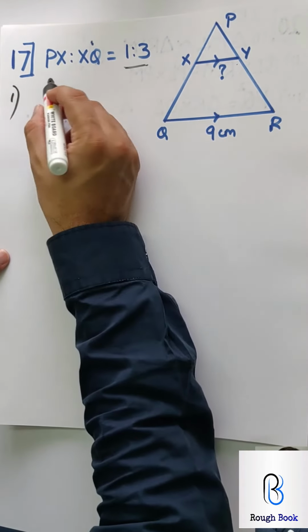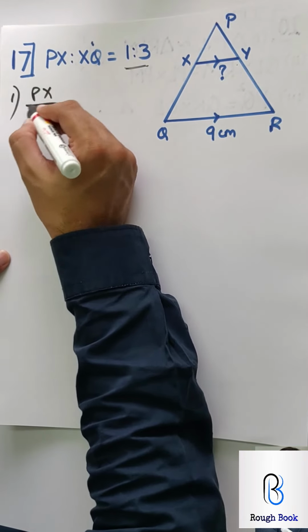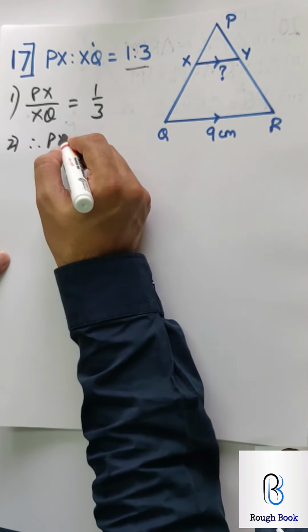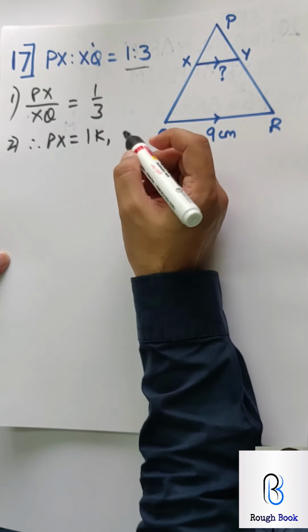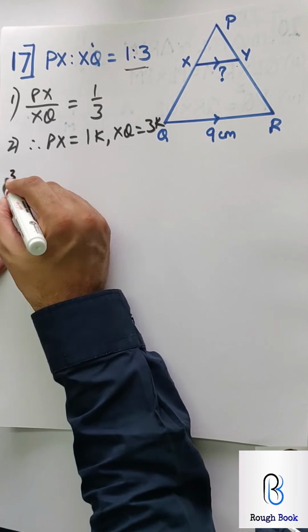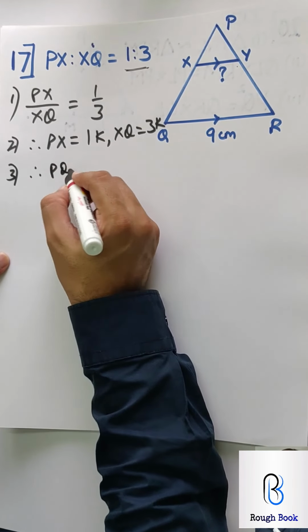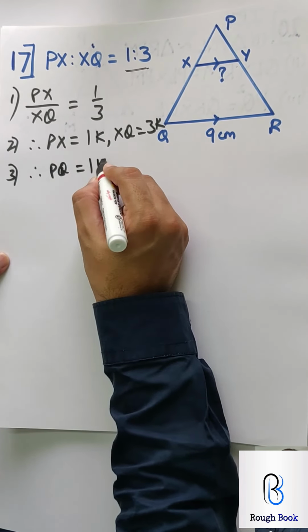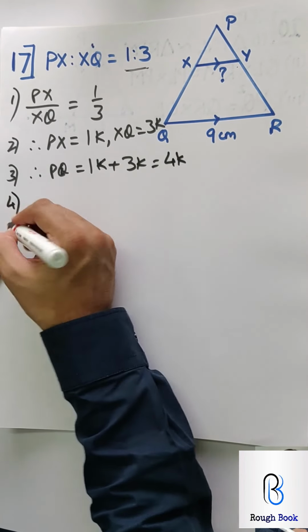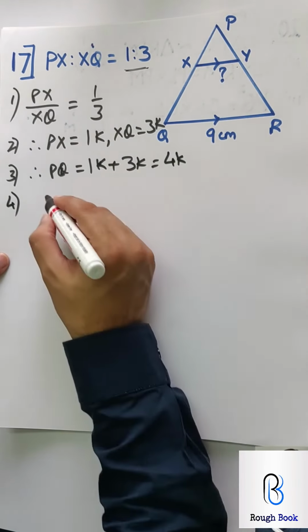So first one, we are using X method. So PX upon XQ is 1/3. Therefore PX, let's call it 1k. Don't use x because x is already there, and XQ 3k. Therefore PQ will be 1k plus 3k equals 4k. So we got this entire PQ as 4k.